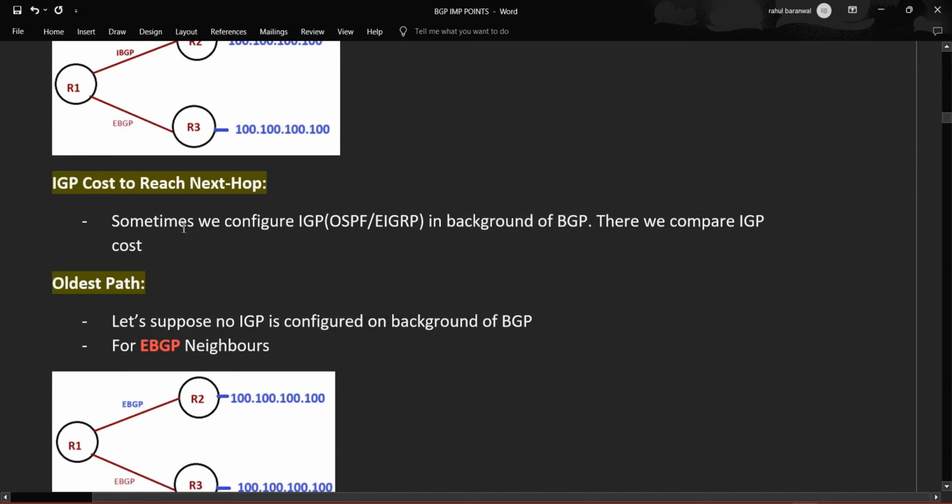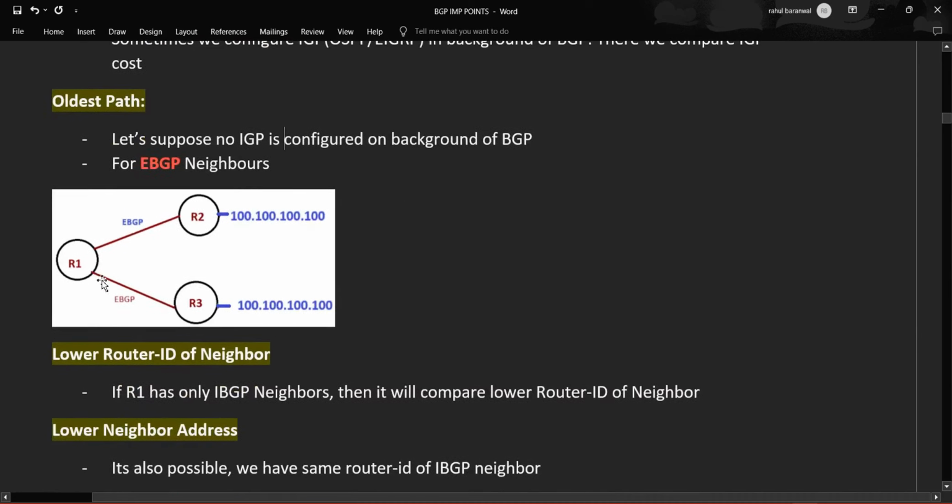Now suppose this path selection criteria is also not able to decide which path will be best, then we will check the oldest path. Suppose we have a scenario like R1, R2 and R3, three routers, with EBGP neighborship between R1 and R2 and between R1 and R3.